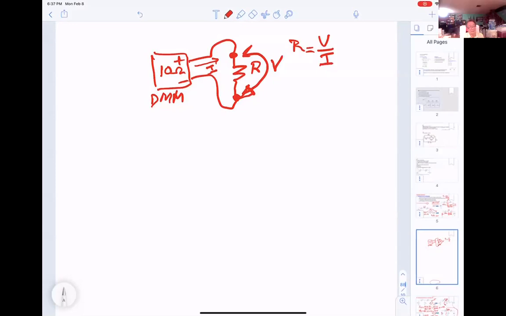And yeah, it measures the voltage across R. That all happens inside the meter. We don't know how it does it. After it measures the voltage, it takes the formula R equals V divided by I. That gives you the value of the resistor.